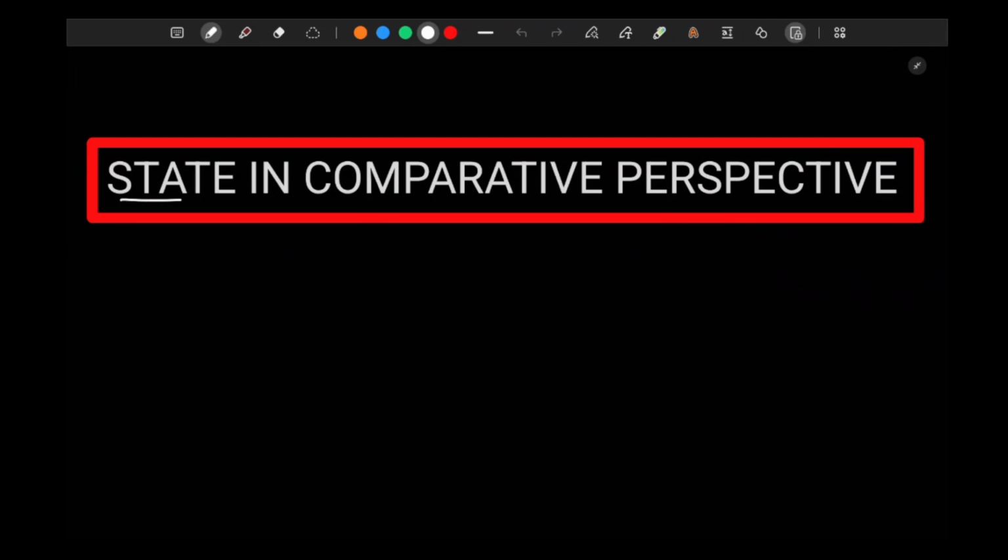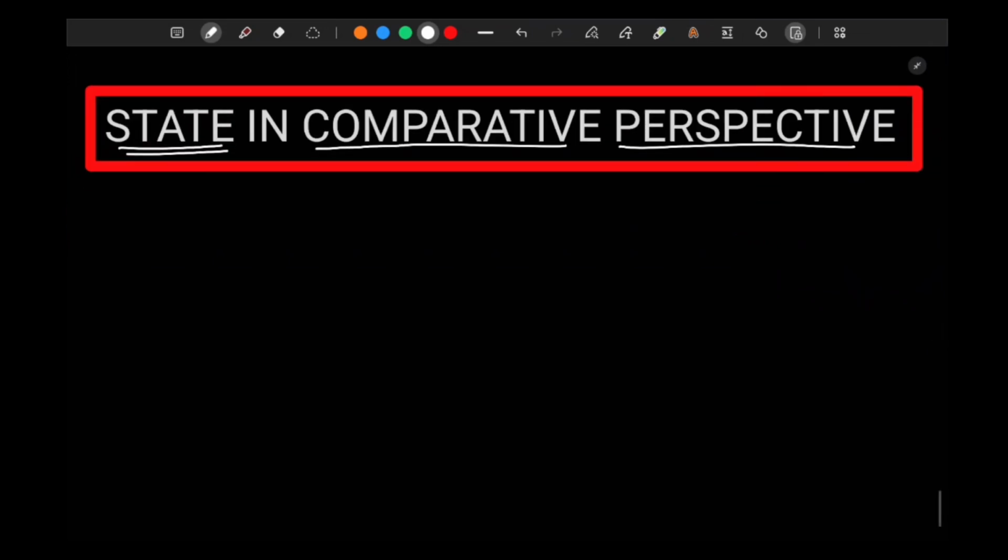State in comparative perspective. So number one, we'll start with what is state. State is more or less connected with sovereignty.